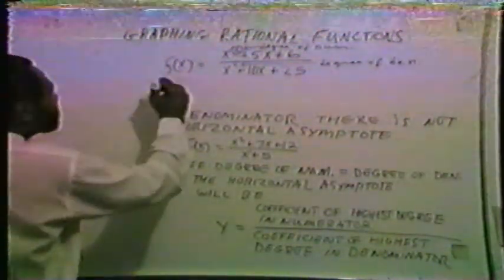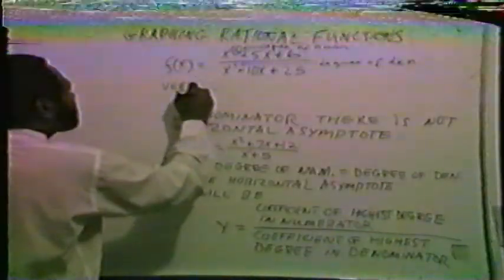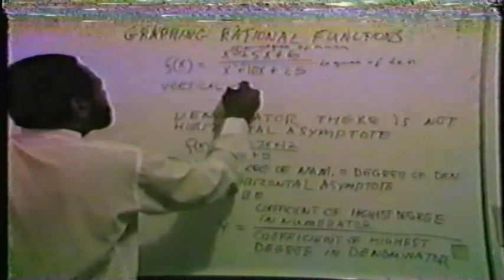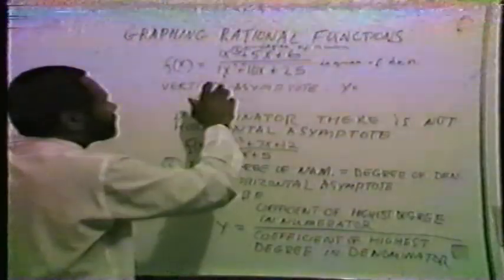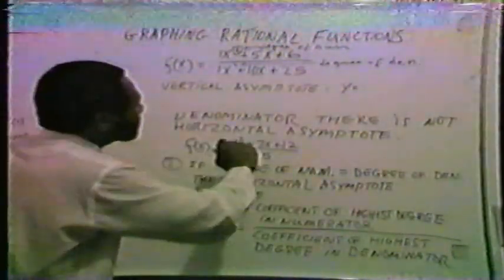But if that's the case, then here the coefficient on top is 1 and the coefficient on the bottom is 1. So it would be y equals, not vertical asymptote. I said vertical, but I mean horizontal.